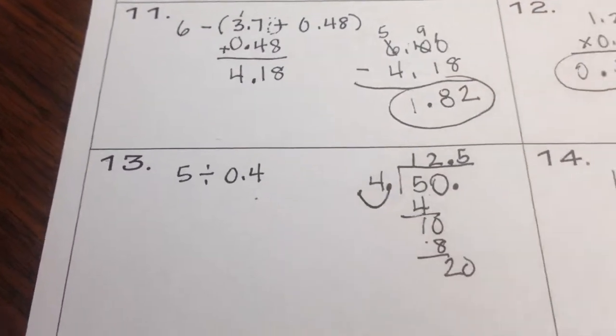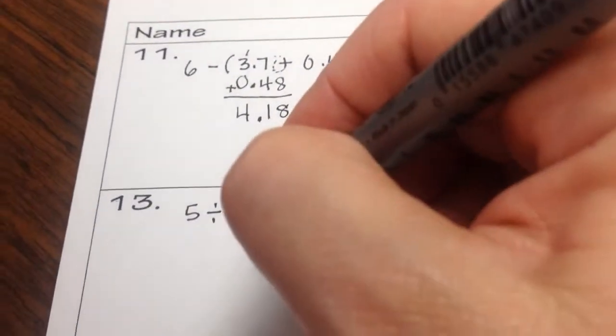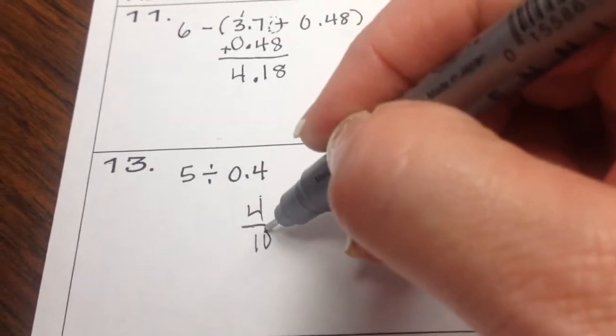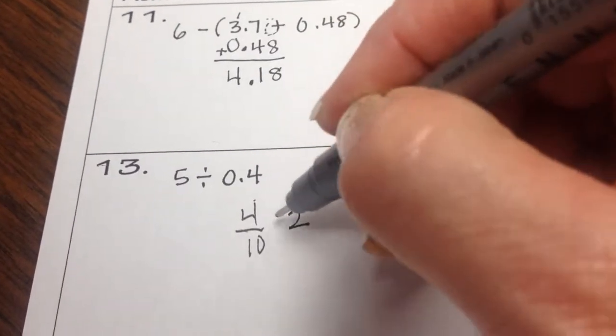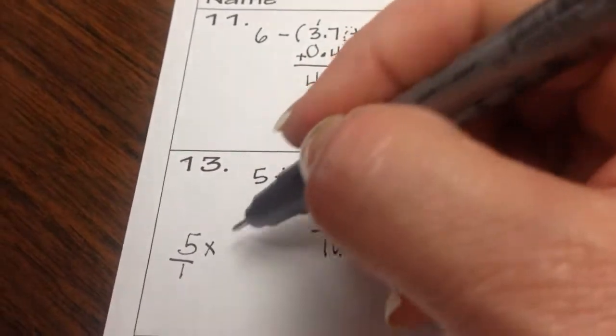Okay, that's one way to do it. The other way I could have done it is, well, 0.4 is really the same as 4/10, right? So 4 over 10. I could even reduce that to 2 over 5, because 2 goes in there 2 times, 2 goes in there 5 times. Now I can do this: 5 over 1 times the reciprocal 5 over 2.